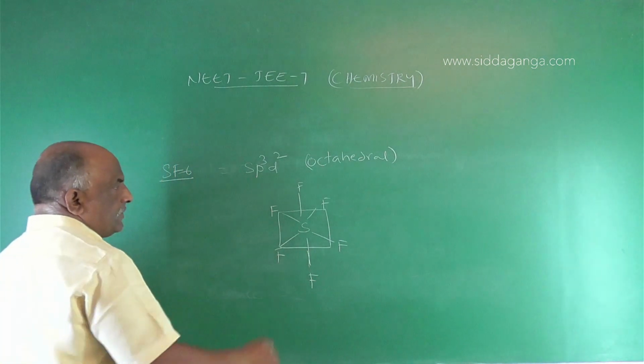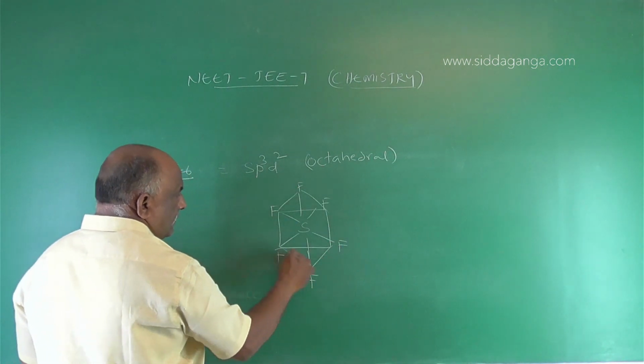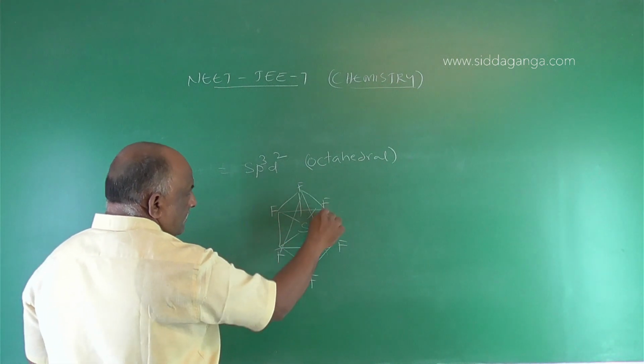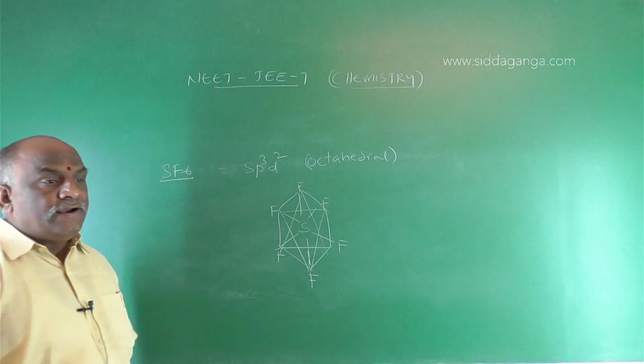So this is the geometry of sulfur hexafluoride. This geometry is named octahedral geometry.